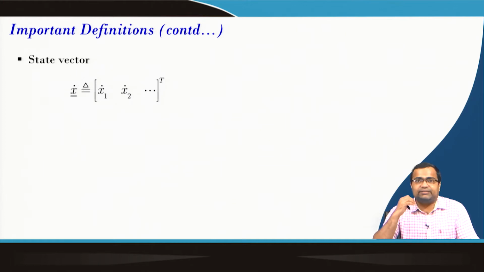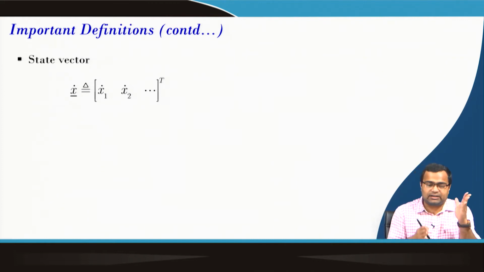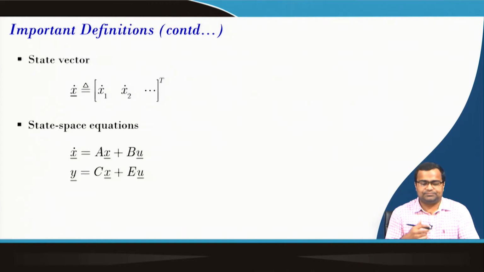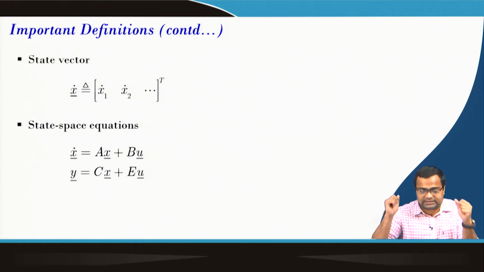Next, the state vector. If there is more than one state, then we consider them in a vector format, and that we call the state vector. Then we can write down the state space equations for a given dynamical system, where we can represent a first order as well as higher order dynamical system.